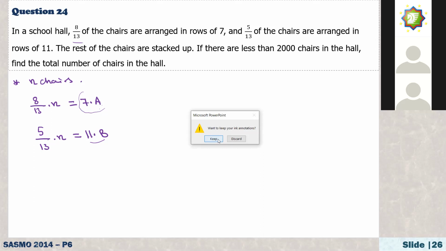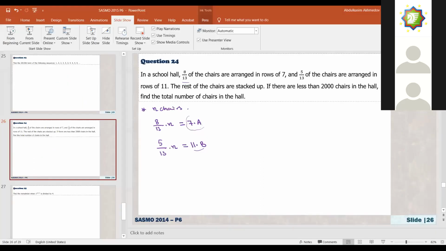It is 2014 P6 question 24. Just give me a minute. 2014, P6, and the last question. Is it P6? Yes, 2015, sorry, it is 2015. Why did I write 2014 here?